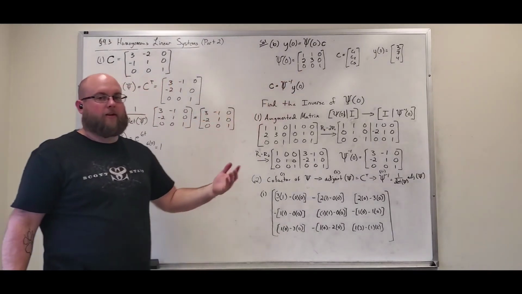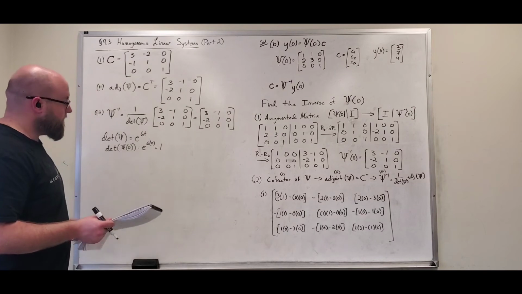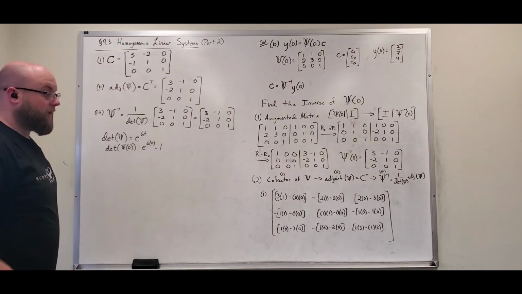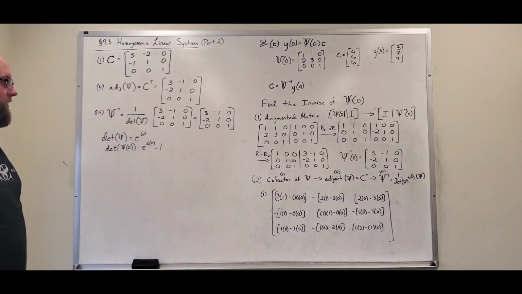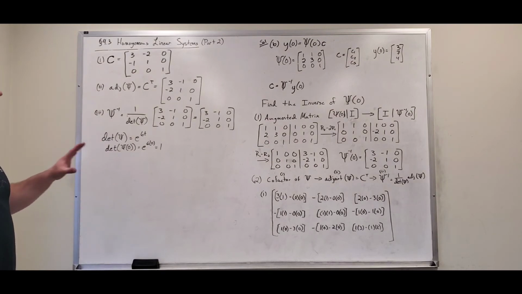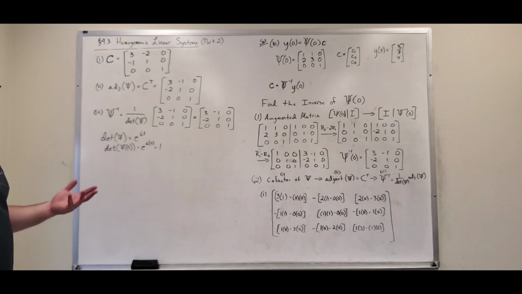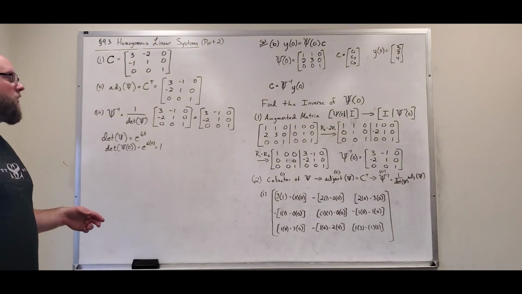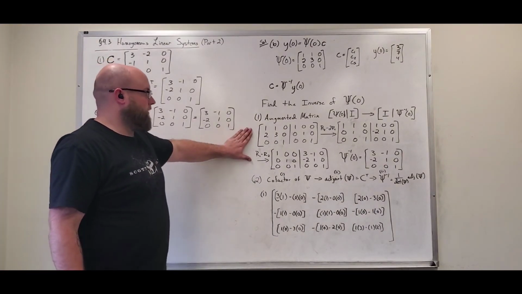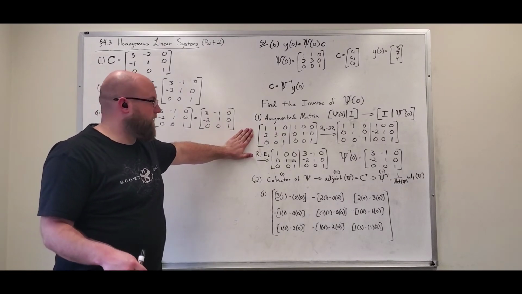Or if you went back through and found the determinant of this, you would find out that it's 1 as well. All right, so now that we've worked through all of that, I would take a second and definitely write this down. Again, what I have shown so far is a big mess, but we wanted to find out what C1, C2, C3 are. In order to do that, we had to find psi inverse first. One way to find the inverse is to use the augmented matrix with the identity matrix and use row reduction.